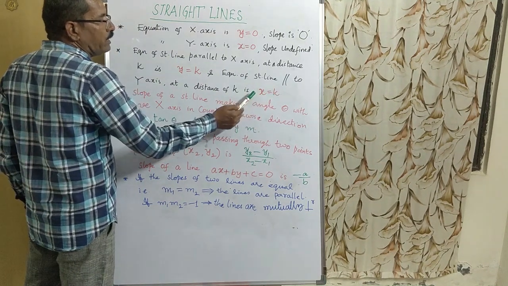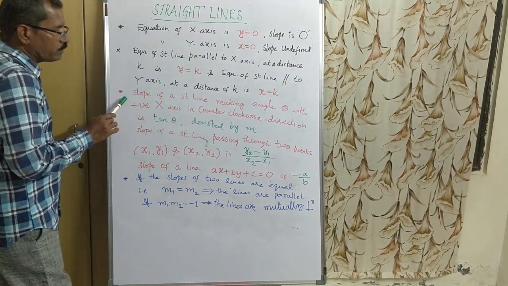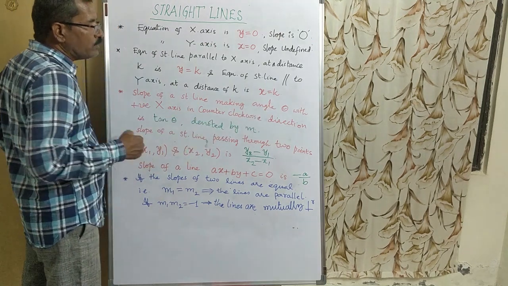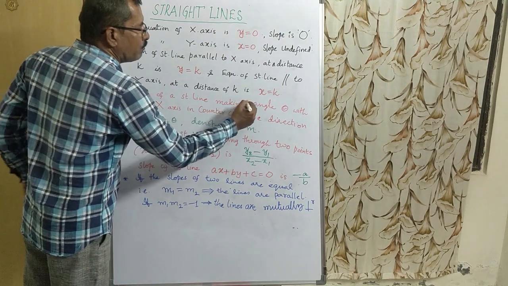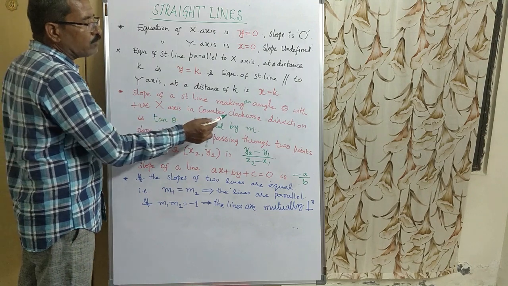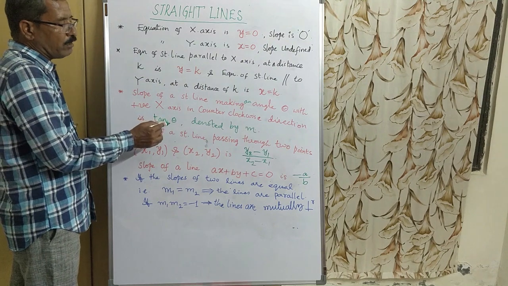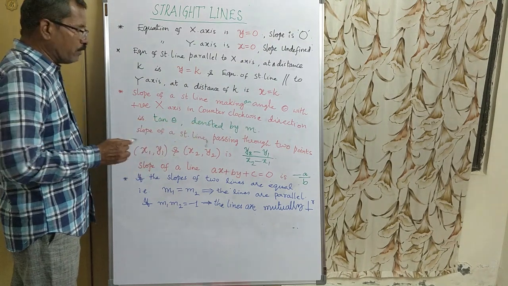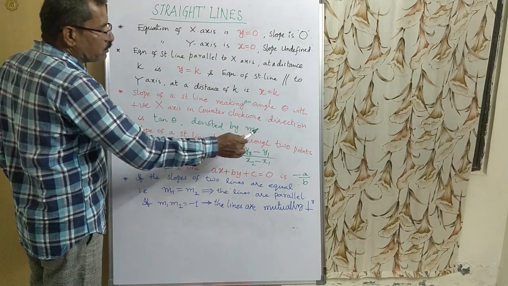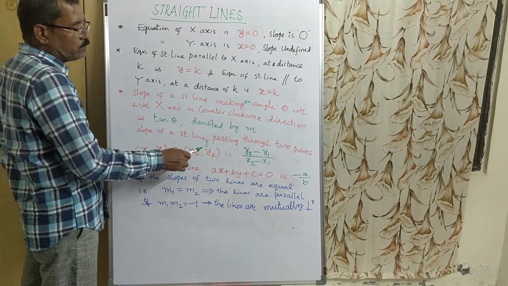Right? Then the slope of a straight line making an angle theta with the positive x-axis in the counterclockwise direction is tan theta and is denoted by m. Like that, the slope of a straight line passing through two points x1, y1 and x2, y2 is m equal to y2 minus y1 by x2 minus x1.